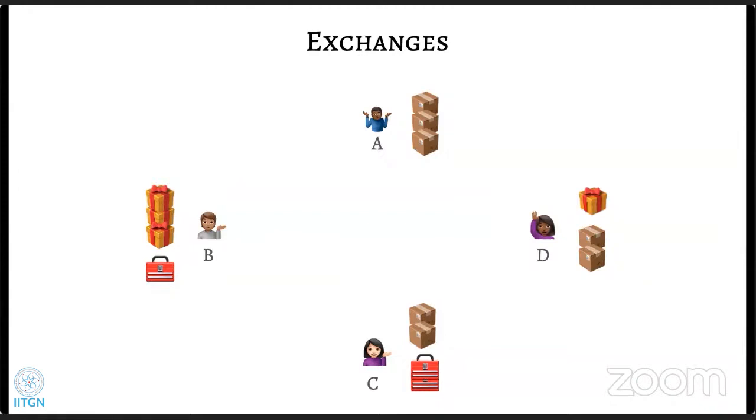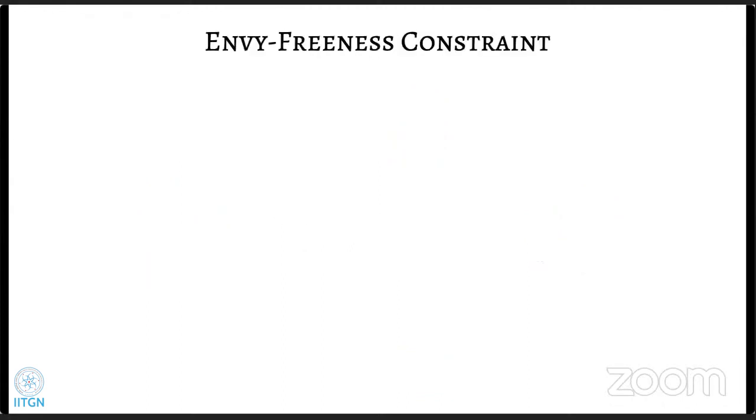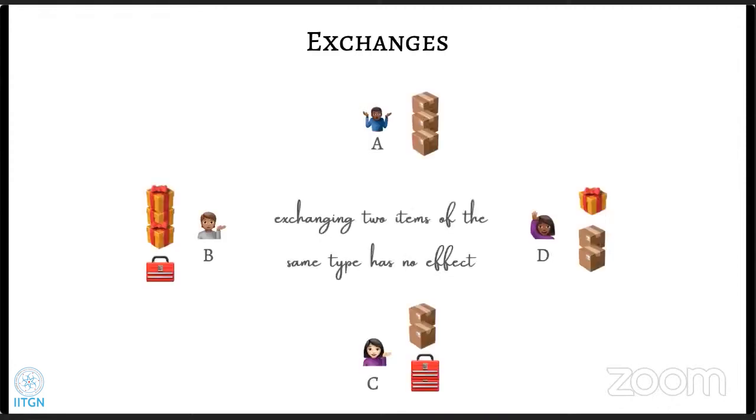If the previous allocation was EF, the new allocation will also be EF because the utilities are exactly the same. This is what we want to take advantage of, given that the number of different item types is bounded. I'll come back to exchanges in general when we talk about capturing Pareto dominance.